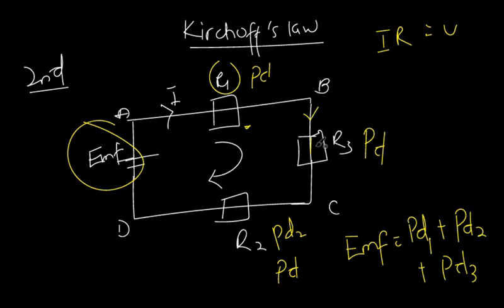Then the current that will pass through here, we multiply that current with resistor 3, then we get the potential difference on resistor 3. The same way, the current that will pass through resistor 2, we multiply the current and the resistance of resistor 2, then we get the potential difference 2. So once we add all these potential differences, we should get the EMF of the cell.